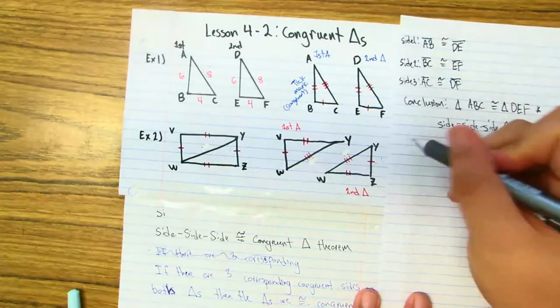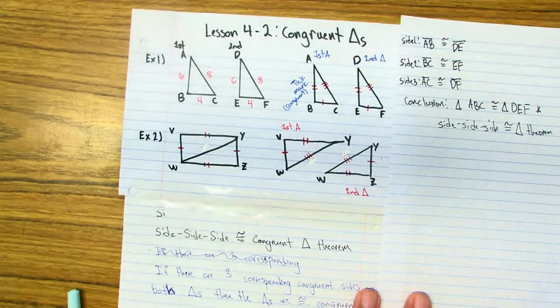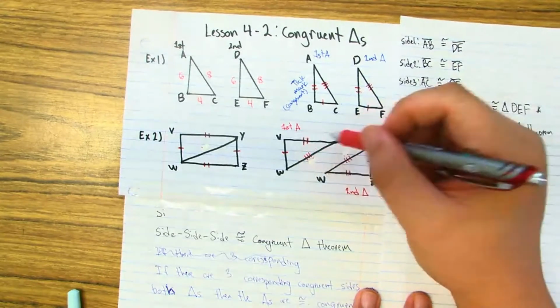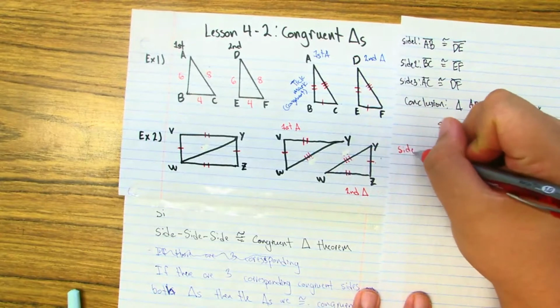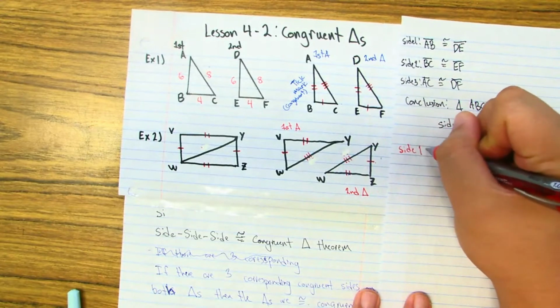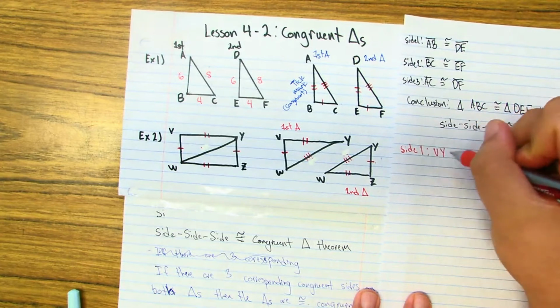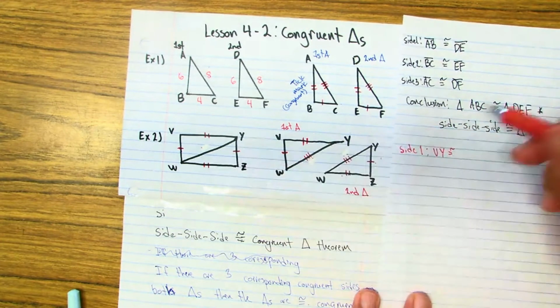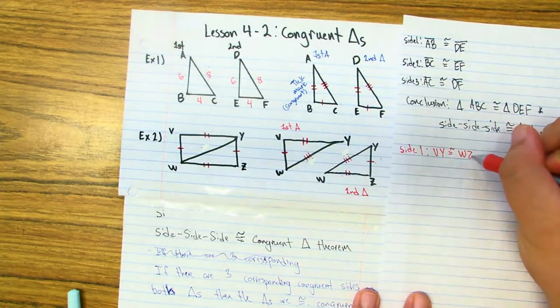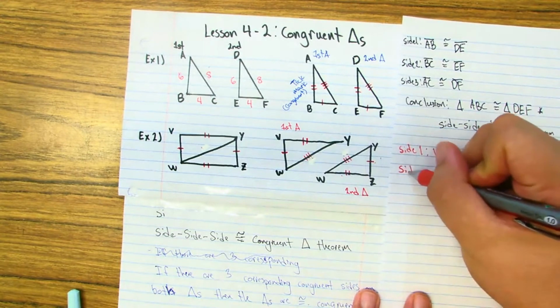Here we're going to write down the statement that BY, the first corresponding side, is congruent to the other tick mark, which is WZ, sorry.